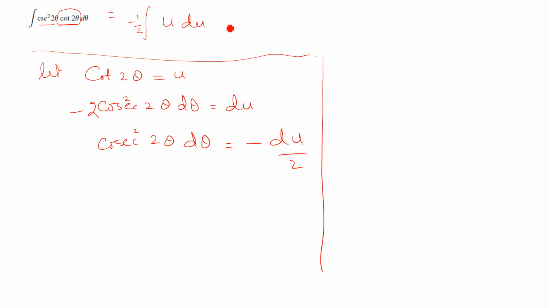Okay, so this is equal to minus 1 over 2 times u square divided by 2 plus c, that is, we have negative u square divided by 4 plus c, and this is time for backward substitution. So we have negative cotangent square 2 theta divided by 4 plus c. So this is the answer.